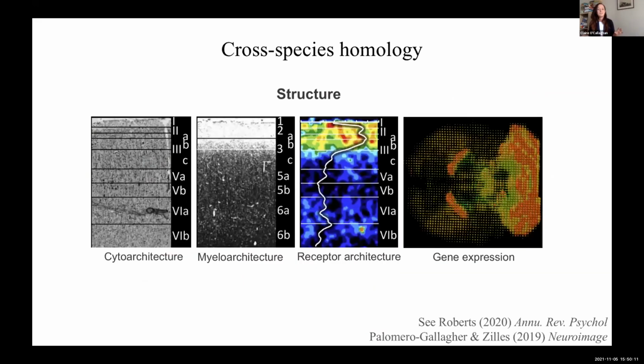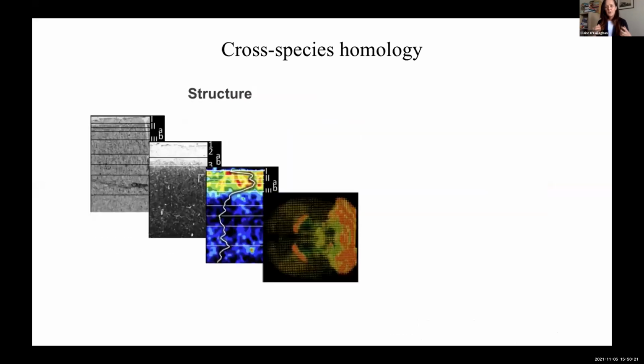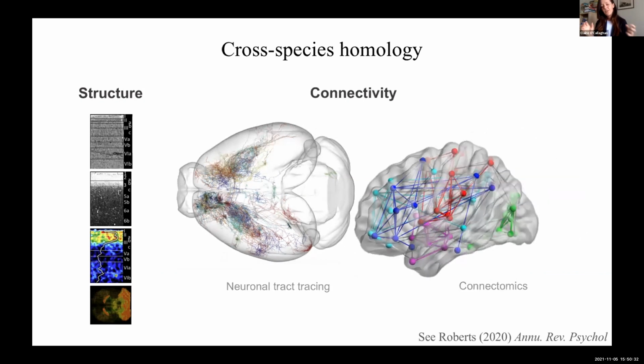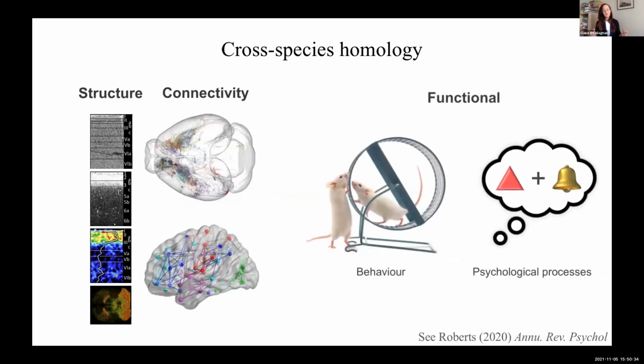So cross-species comparisons can happen at a lot of different levels. It can happen at the level of comparing structures, so thinking about cytoarchitecture or receptor architecture. We can think about connectivity across species, whether this be hardwired axons or the more dynamic measures of connectivity. And we can also think across species at a functional level.